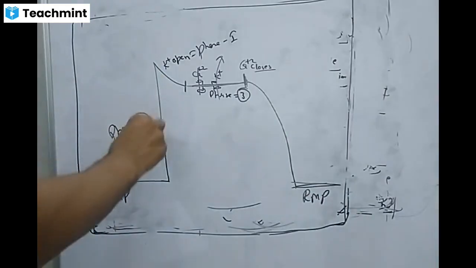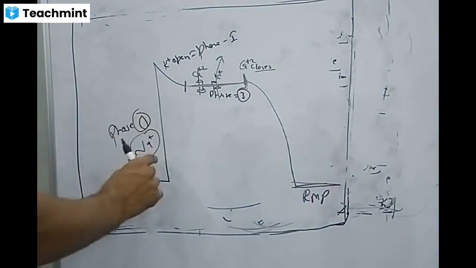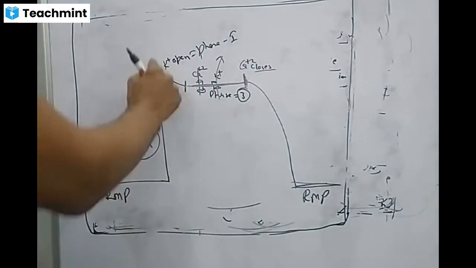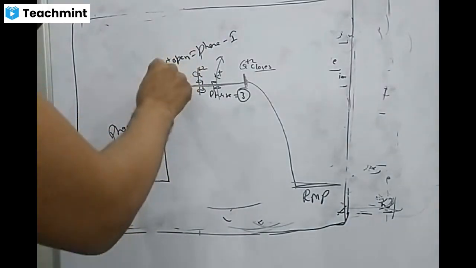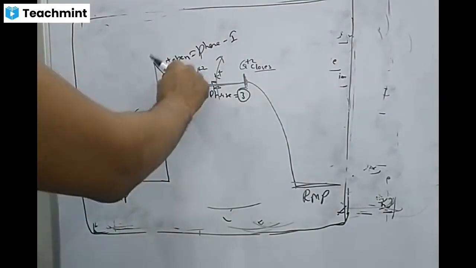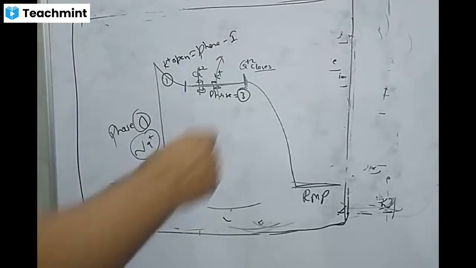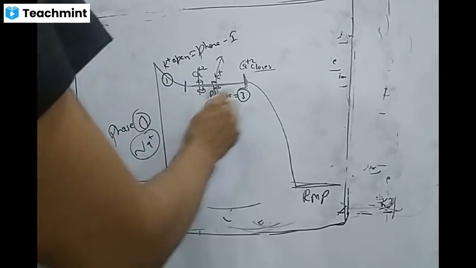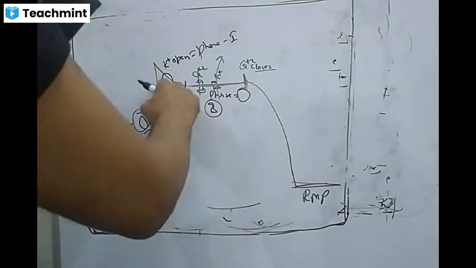So we started with our phase 0, the sodium channel opens, depolarization occurs. Then phase 1, the potassium channel opens, and repolarization happens. Then phase 2, 0, 1, 2.